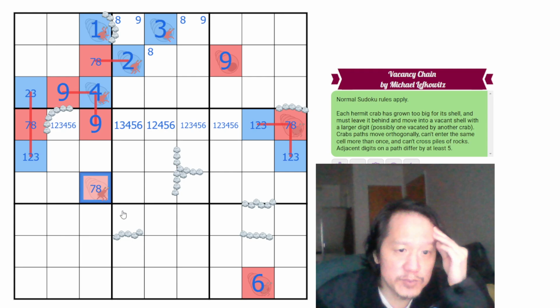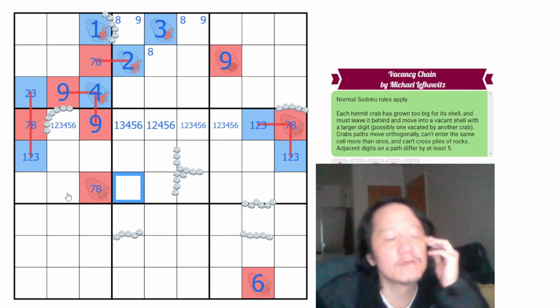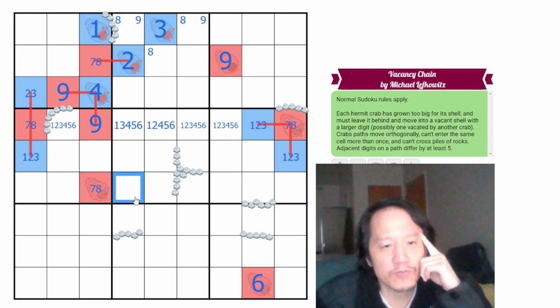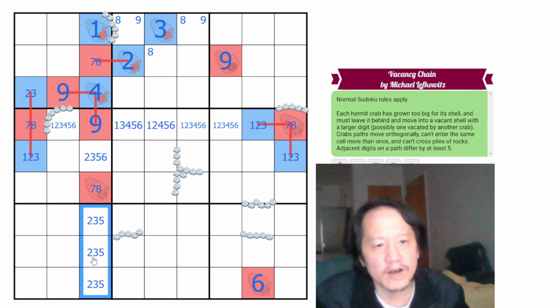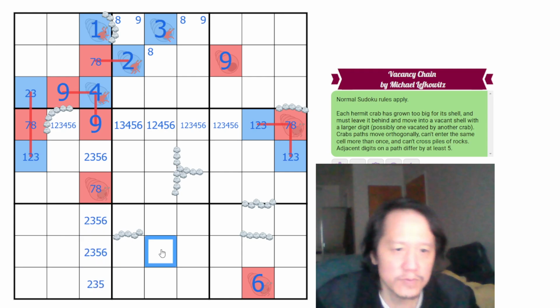Right, because if this was 6, neither of these could be 1. So it has to connect to two different unique values, of which is 1, which doesn't work. So this is 7 or 8 too. So this has to be 2, 3, 5, 6. These are 2, 3, 5, and these are 6 possible.